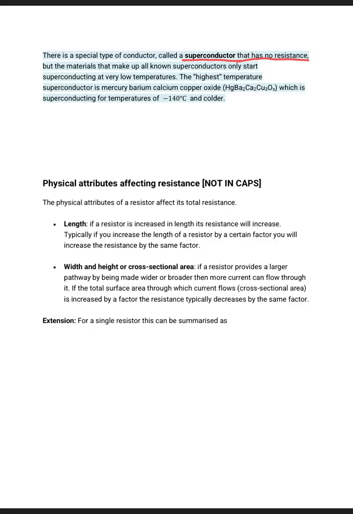The highest temperature superconductor is mercury, barium, calcium, copper oxide, HgBa2Cu3 oxide, which is superconducting for temperatures of minus 140 degrees Celsius and colder.